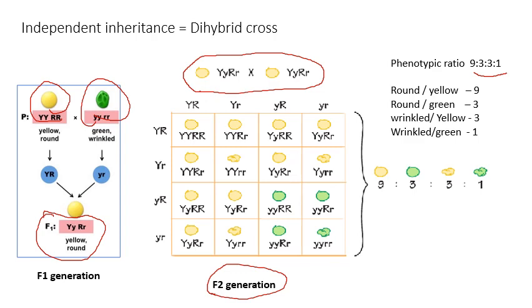So there is a probability that if I do such a cross, 9 offspring will be of round and yellow nature, 3 will be round and green, 3 will be wrinkled and yellow, and 1 is the least probability, a plant which will give me wrinkled and green seeds.